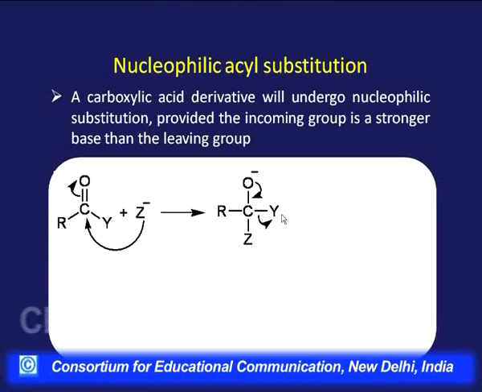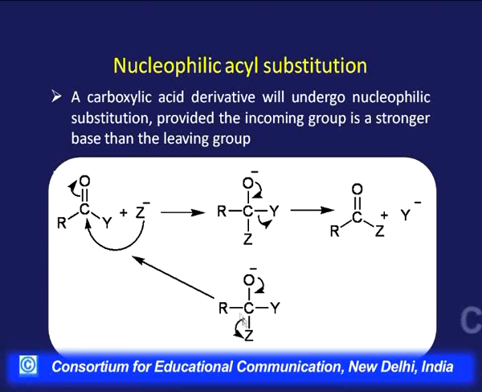If Y is lost, that means if Y is a weaker base than Z, then obviously the substitution has occurred and we have obtained the product in which Y has been substituted by Z. Z is our nucleophile and this nucleophilic substitution has occurred. But if Y is a stronger base and Z was a weaker base, then first this attack will be slow, and even if this attack has occurred, when this electron pair comes back, this Z will be lost back and we will get the starting compound.